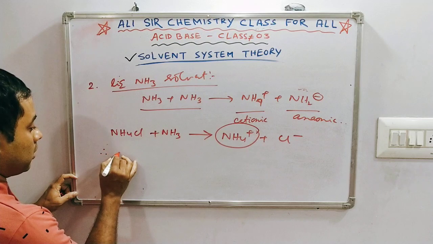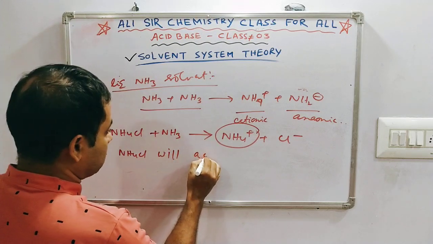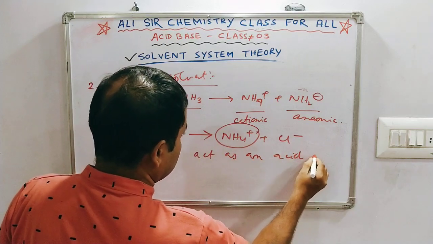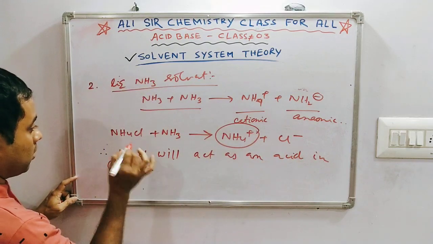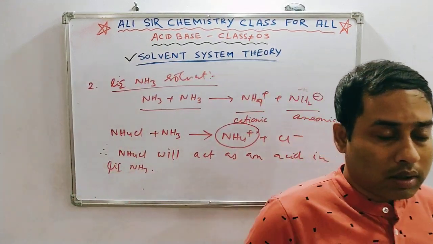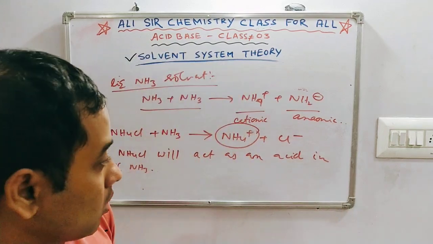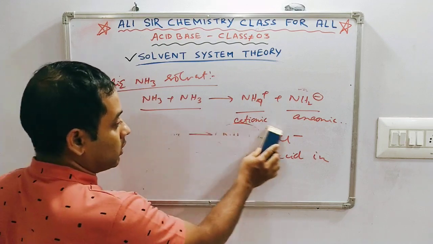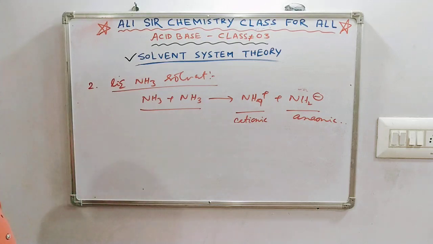Therefore, ammonium chloride will act as an acid in liquid ammonia. So very simple. We have to know the solvent ionization properties and the dissociation of the compound. If it will increase the cationic part, it will be the acid, and if it will increase the anionic part, it will be base.